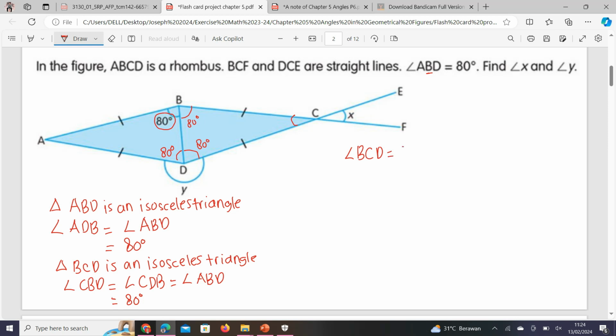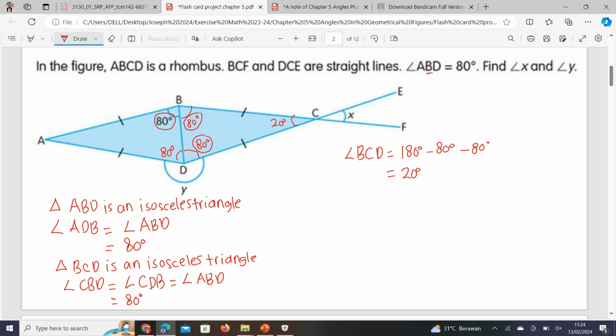BCD equals 180 degrees minus 80 degrees minus 80 degrees. 80 degrees from this, 80 degrees from this, right? Then it equals 20 degrees, because 180 degrees minus 80 degrees equals 100 degrees, right? 100 degrees minus 80 degrees equals 20 degrees. So the angle of BCD equals 20 degrees here.